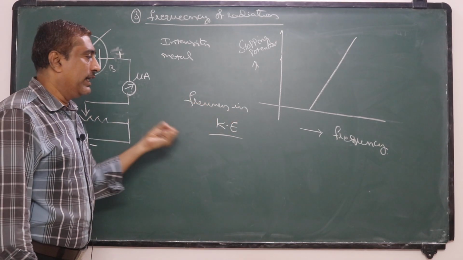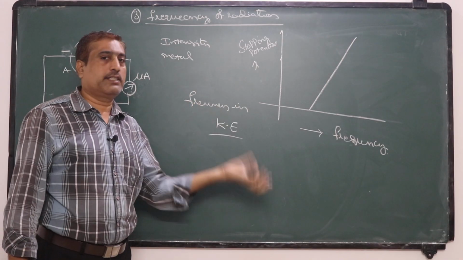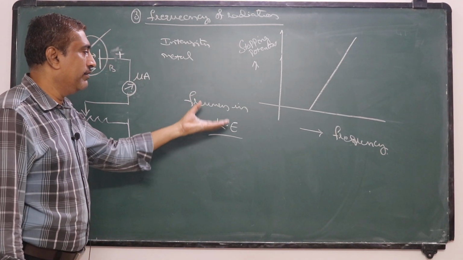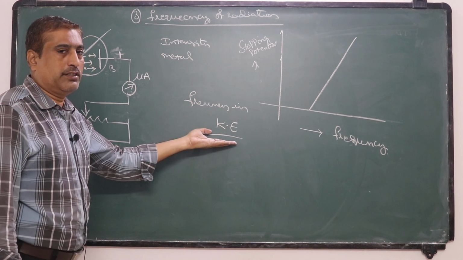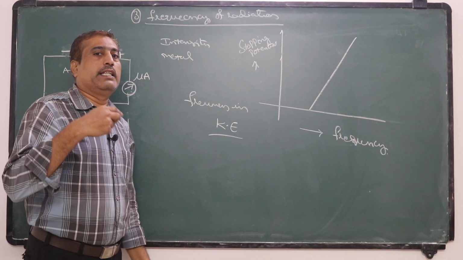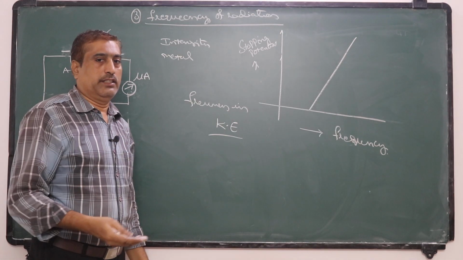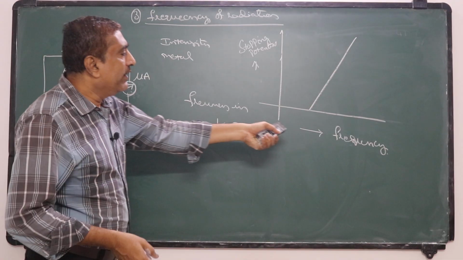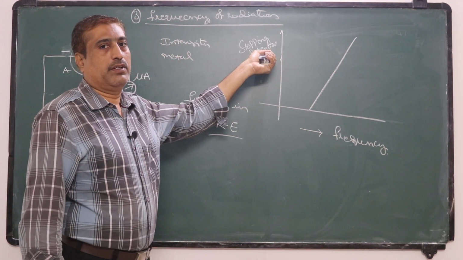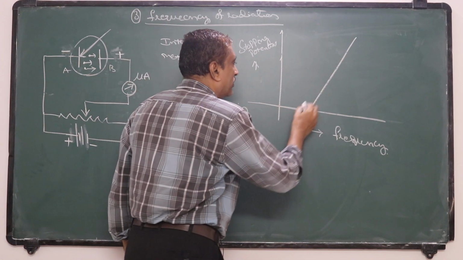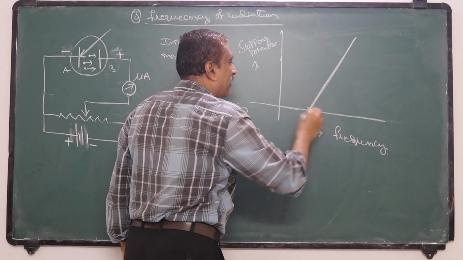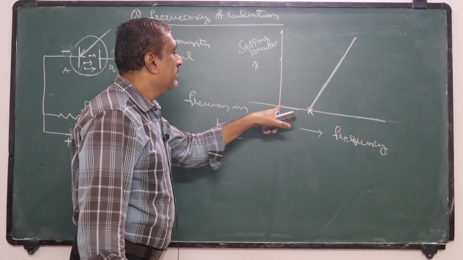For less kinetic energy we can apply a smaller negative potential. So if the frequency is increased, the kinetic energy of the electrons also increases, so to stop those electrons the negative potential strength has to be increased. So as frequency increases, stopping potential also increases.